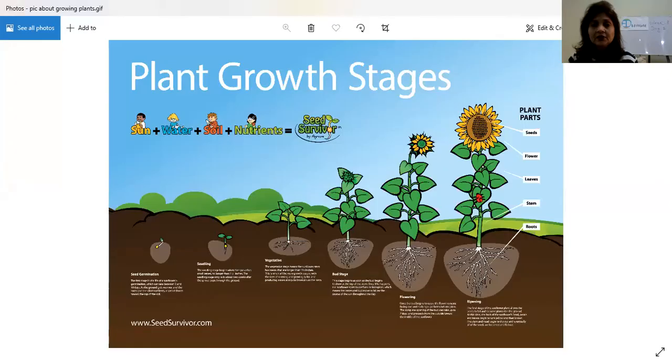Can you see this picture? Yes, it is showing the growth stages of a plant. We are not going to do this in detail. I'm just showing you this to see how different plants grow. This is a seed, then a small plant, then a bigger one, and gradually it starts growing into a flower.